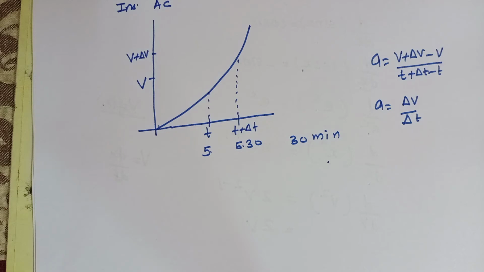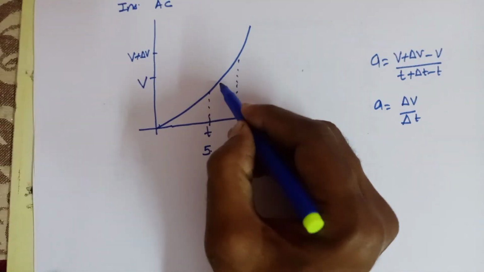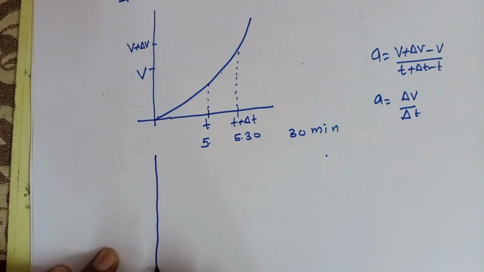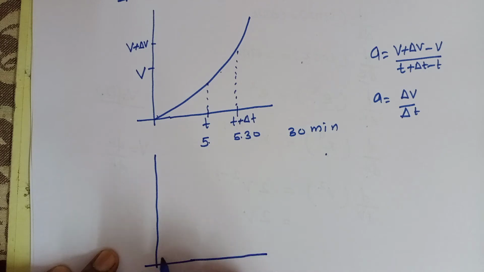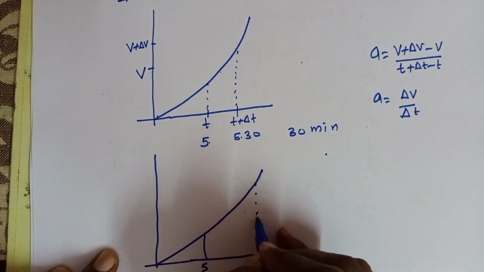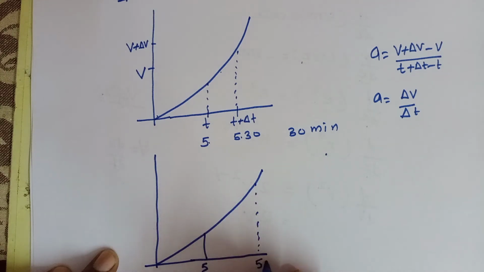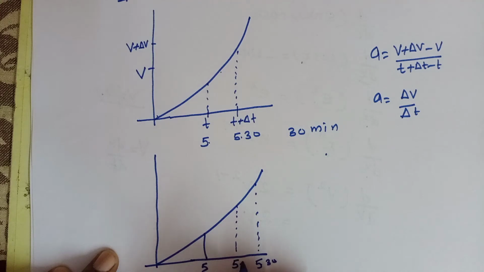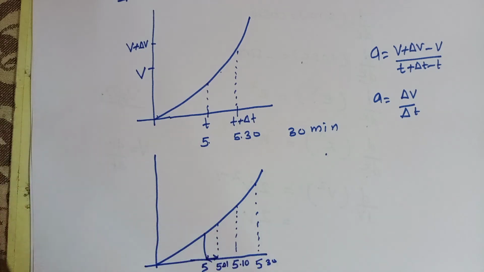But if it is asked what is the acceleration at one particular instant, for that we have to reduce the time interval. Now, how to reduce? Again, you can go by the same process. Suppose one time is t, 5 o'clock, and second is 5:30. So the gap is 30 minutes. Now, if you take one more time here, that will be 5:10. If you take one more time here, it is 5:01. So what will this gap be? This gap will be 0.01.